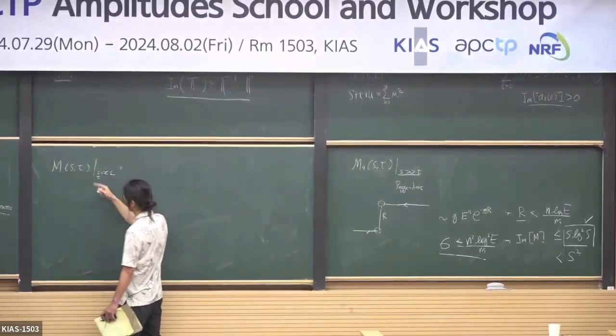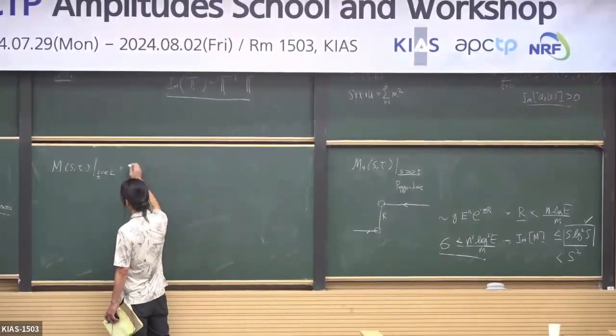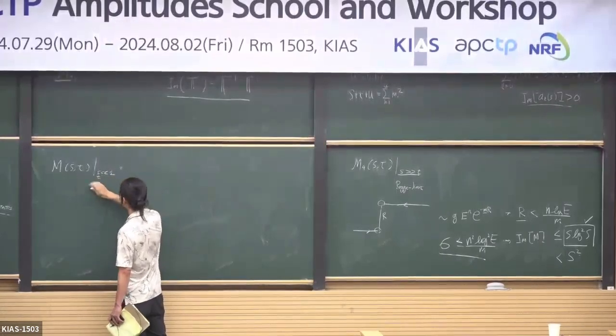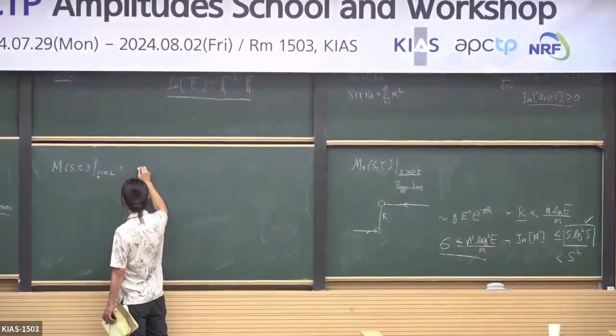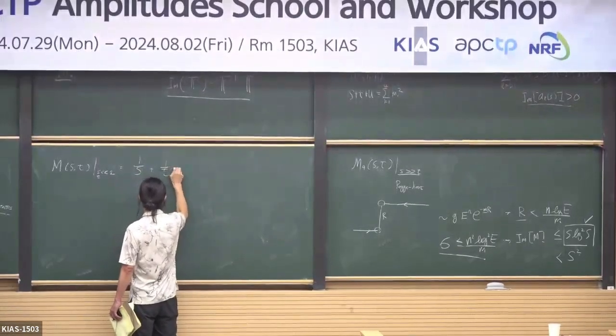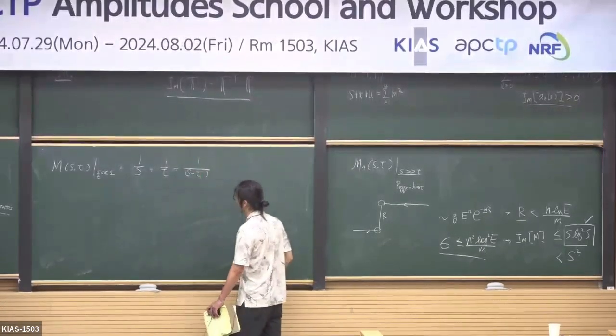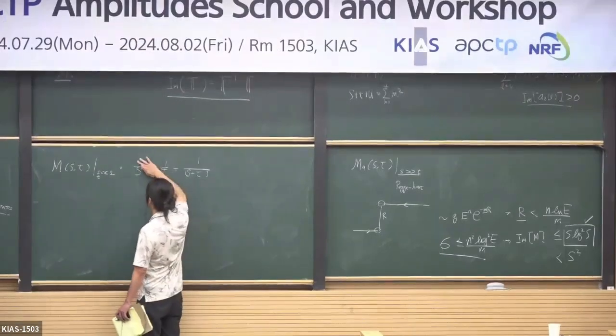So first of all, we're considering S and T small. So for example, it can have singularities in S and T when S equals 0 and T equals 0. So it can have a singularity that looks like an S singularity plus a T singularity plus, let's say, S plus T, which is a U singularity. Okay? The residue of these singularities might still be kinematic dependent.